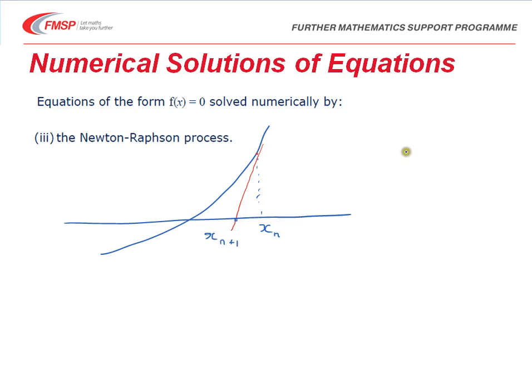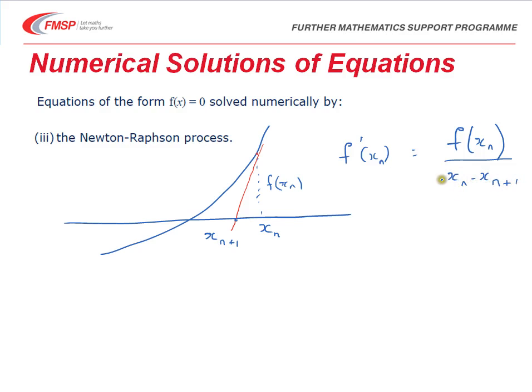And by using the gradient of the tangent, f dashed of x is equal to f of xn, so I should say f dashed xn is the height here, f of xn, divided by this side of the triangle, which is xn minus xn plus 1.